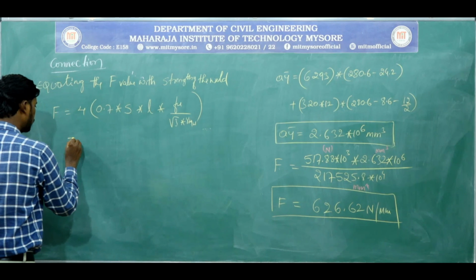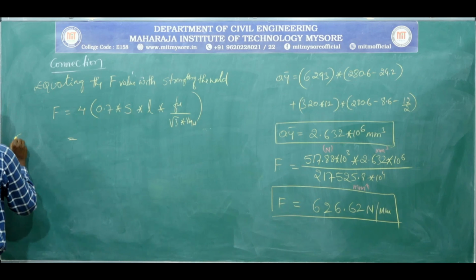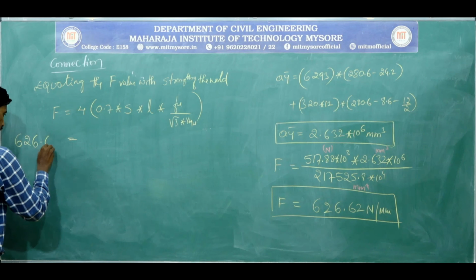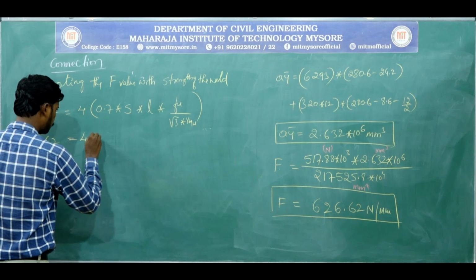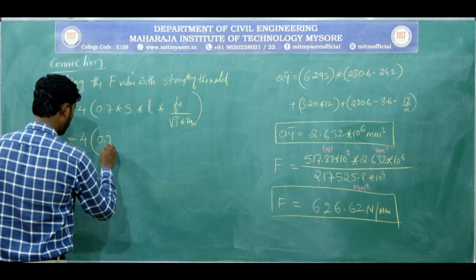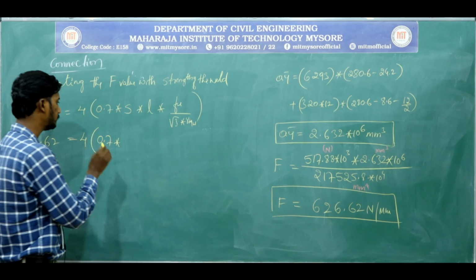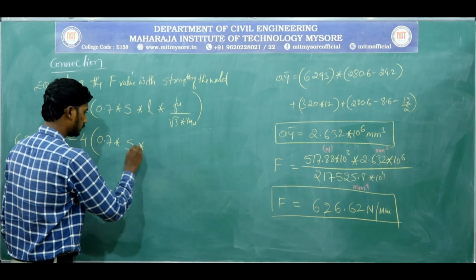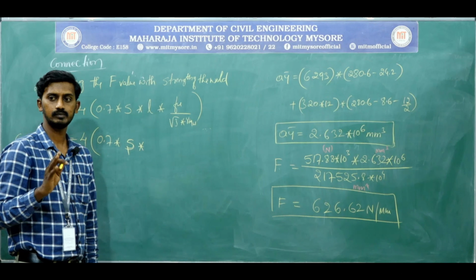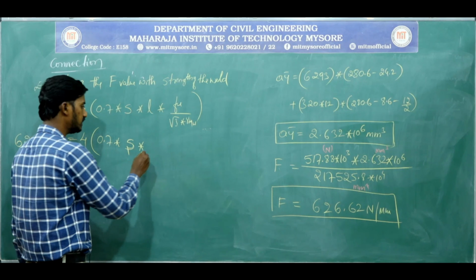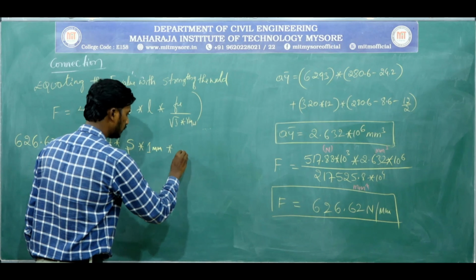Okay. So here what is the force? 626.62 Newton per millimeter, and 4 multiplied by 0.7. Size of the weld we are going to calculate, so let it be S. And length of the weld, just imagine for 1 millimeter what weld size we are going to get.